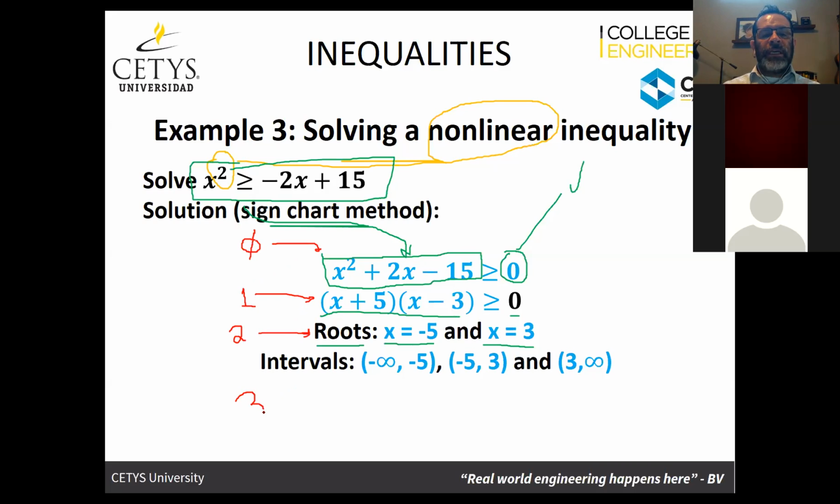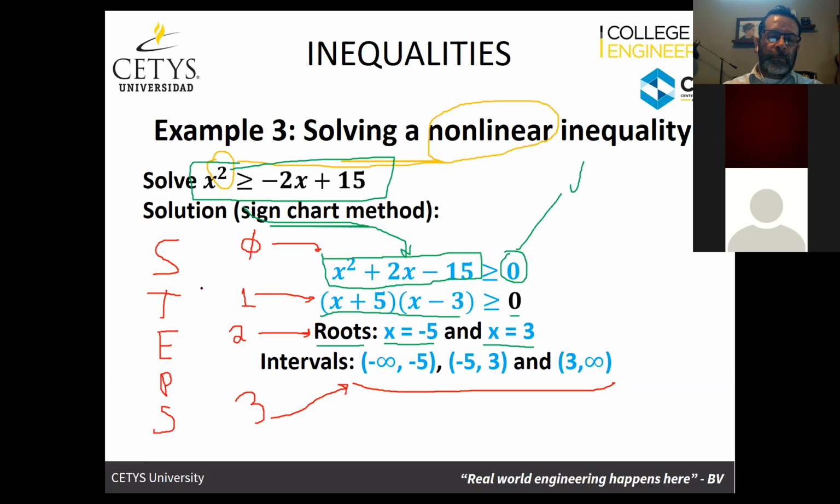And this part here is going to be step 3, which is representing the roots along the whole number line with different intervals. So of the two roots, these that I wrote down here in red, these right here, are the steps.